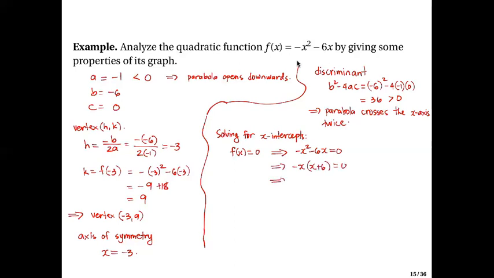And this means you have x equals 0 or x plus 6 equals 0. So you have x equals 0 or x equals negative 6. So far, so good.